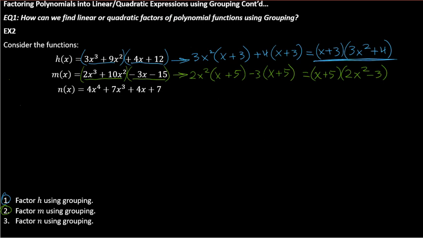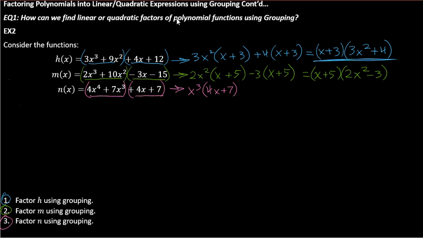Okay, so you can see this is pretty simple and straightforward. Again, it's not always going to work out this simple. This is just to really illustrate a point and let that point really hit home. Same idea, we're going to group and factor here on n of x. Our GCF here on the left is just going to be x cubed, and inside I'm left with 4x plus 7.